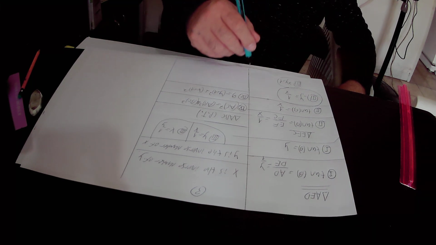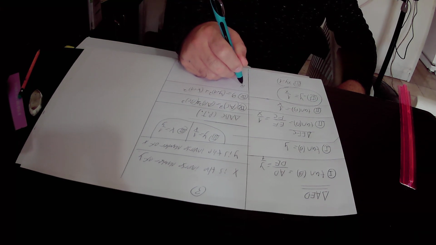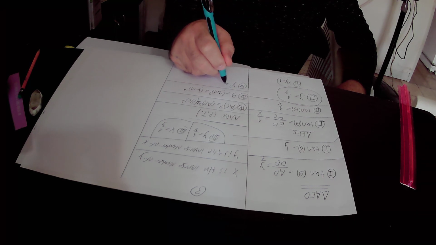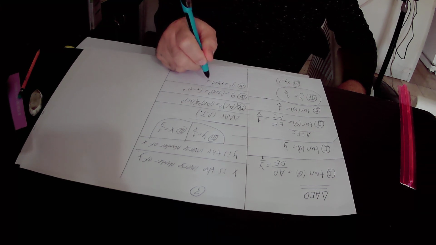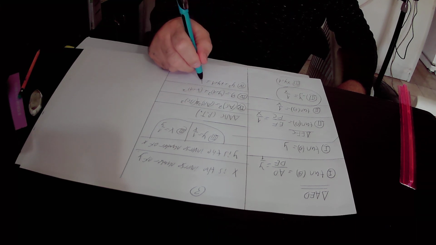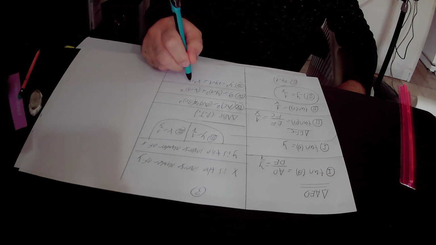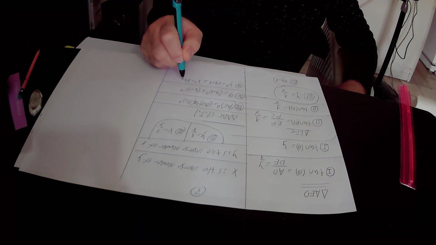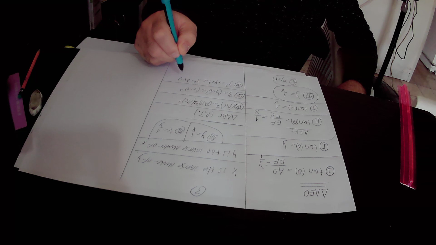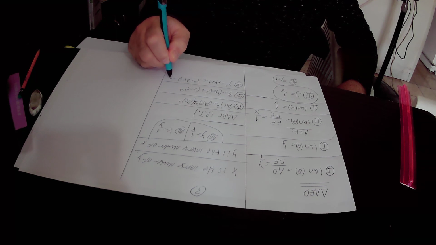We will get that y plus 1 squared is actually y squared plus 2y plus 1, and x plus 1 squared is x squared plus 2x plus 1, equals 9.